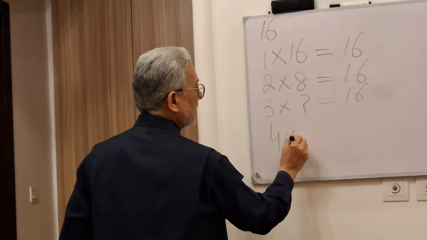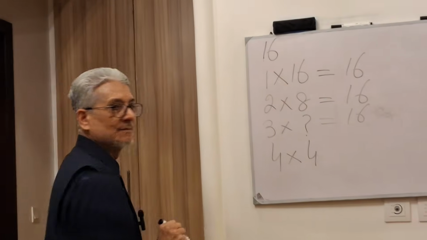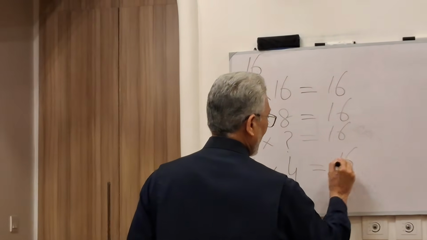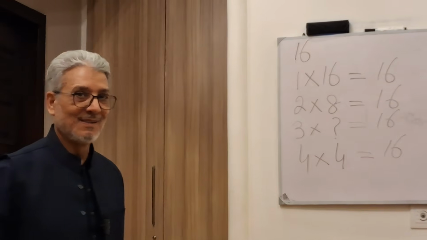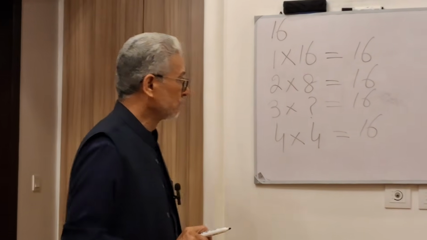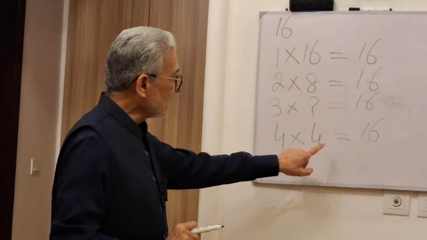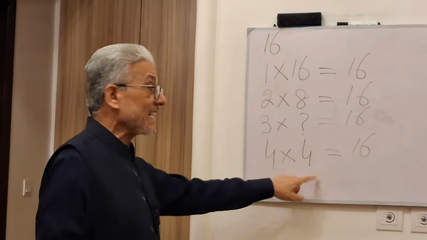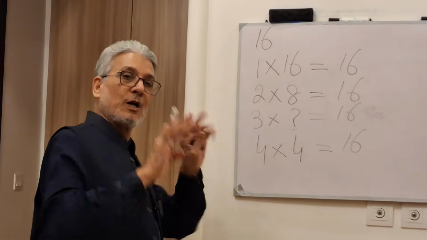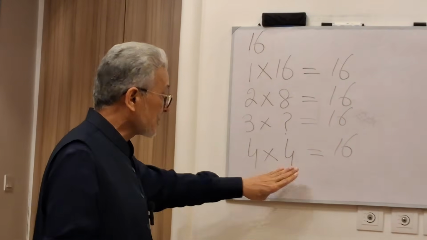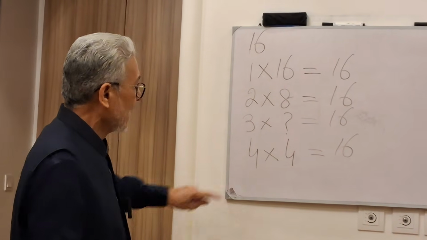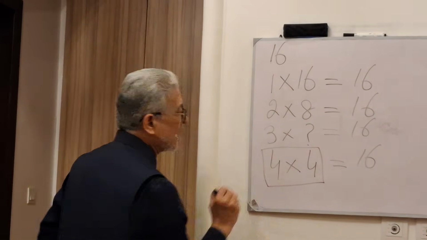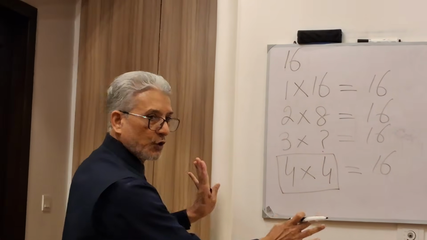Now, what is the next number? 4. 4 multiplied by 4 is 16. Stop here. I told you this rule. When the second number becomes smaller or equal to the first number, you have to stop there. But in this case, you have to pick only one 4, not two 4s.